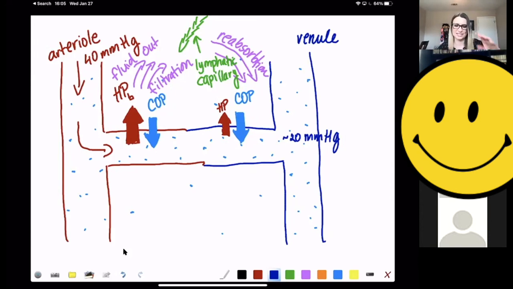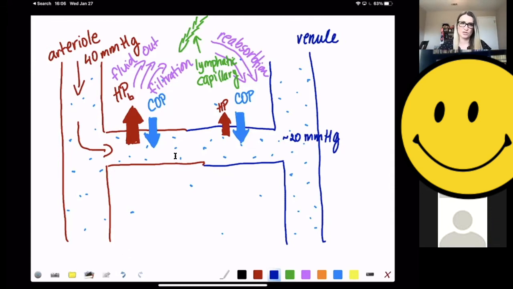They do exist, but are very small. So I just focused on the main idea of how your tissues get nutrients and oxygen from the blood: by filtering this fluid out at the capillary, running it through the tissue, where things are exchanged with the cells, and then we reabsorb that fluid back into the blood.